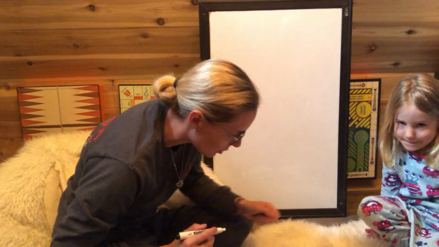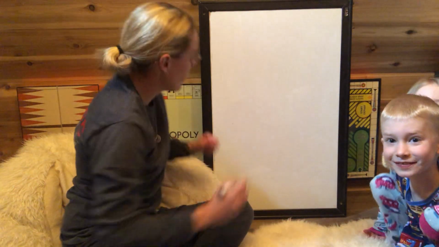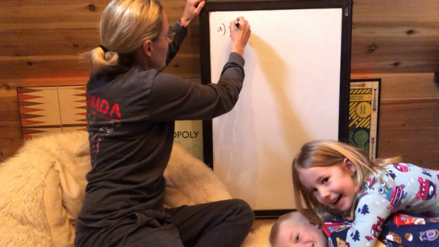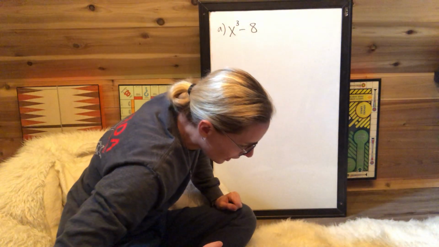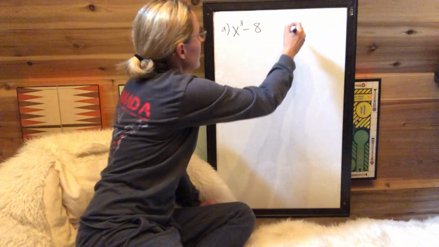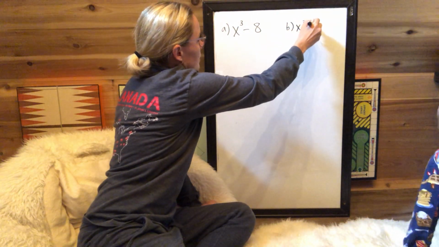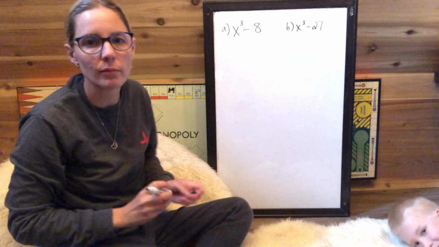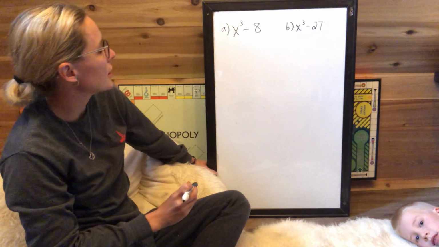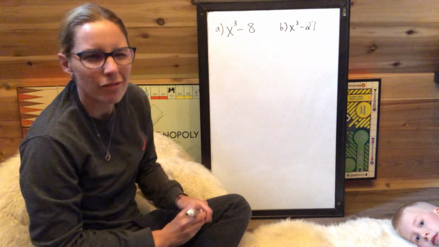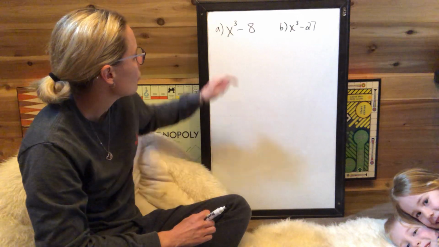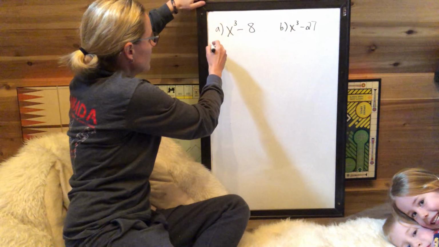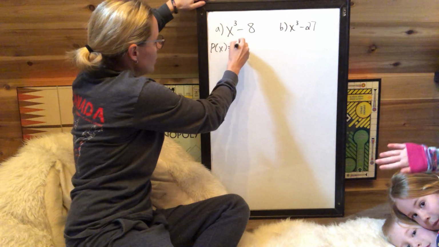Okay, so if we try to do a difference of cubes, I want to make sure I use these ones again. We have x cubed minus 8 as one of them, and then we have x cubed minus 27. What we want to look at is that if we were to factor these the way we factored in the last lesson, we make p of x equal to x cubed minus 8.